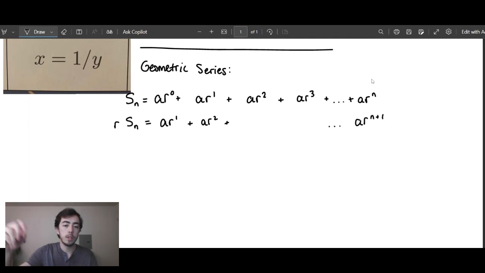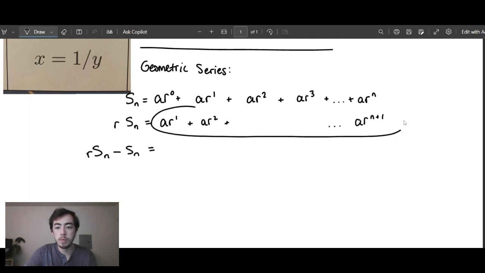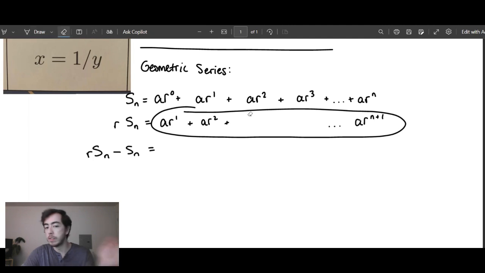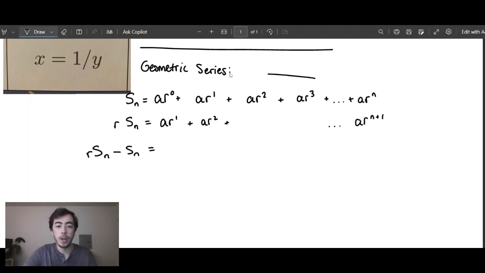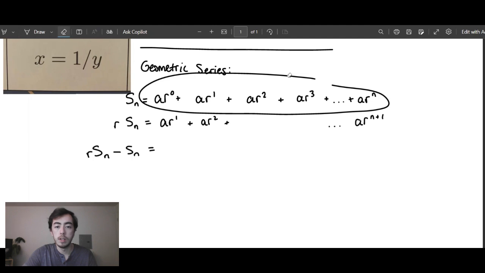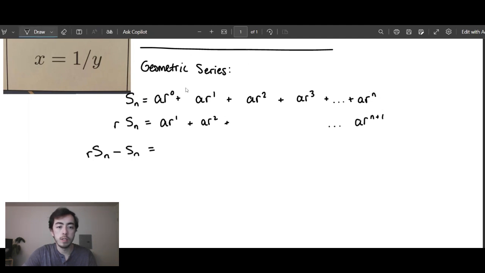Then if I subtract one from the other, let's do r times the sum minus the sum. Basically, it's this bottom sum, all of these terms added up, and then I'm subtracting away this top one. If you notice, these ar to the 1s and ar to the 2s cancel out if I subtract them.